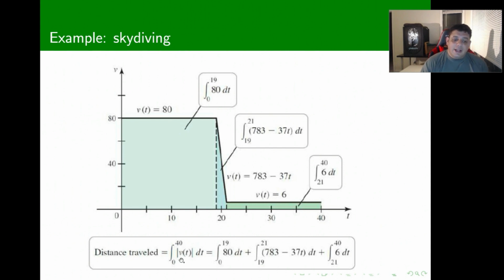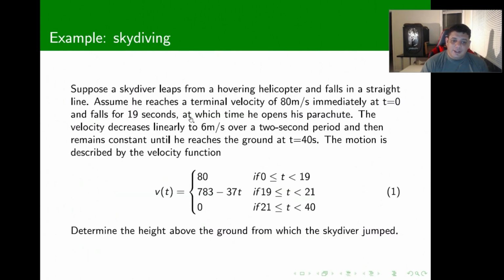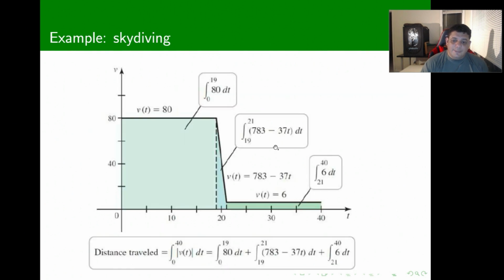So we consider the absolute value of the function v of t from 0 to 40. Then what's going to happen is that we can split this into the different areas. So from 0 to 19 is just going to be 80, and this is the full area. From 19 to 21 is just going to be given by this line, which is going to connect this point and this point. And from 21 to 40 is just going to be given by a constant velocity of 6, which is the velocity that is going to be maintained in the last part.